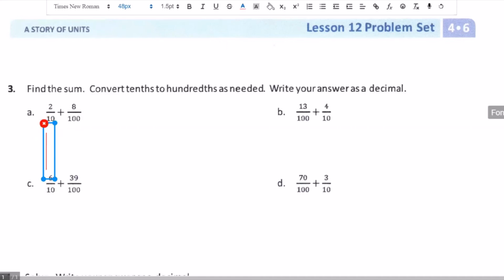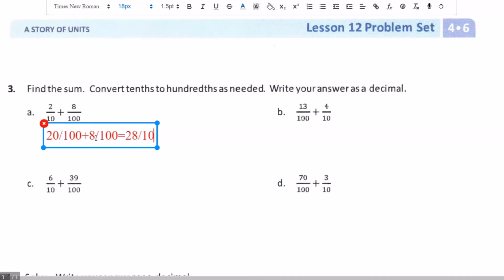So let's do that. Let me change my size a little bit. Alright, so 2 tenths becomes 20 over 100. 2 tenths is equal to 20 hundredths plus 8 hundredths equals 20 plus 8 is 28 over 100.